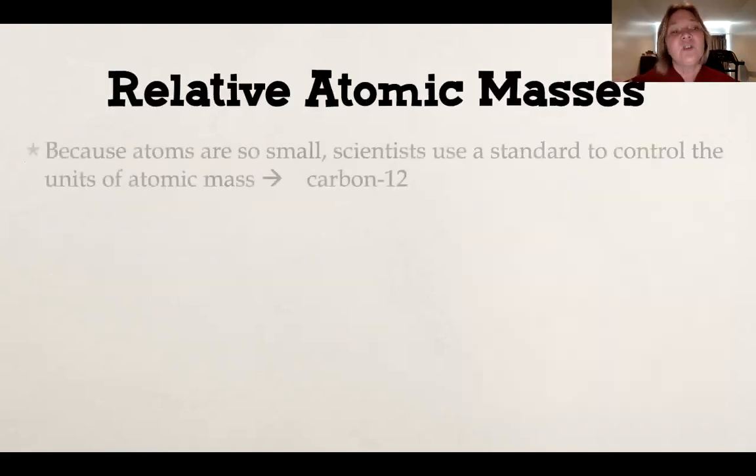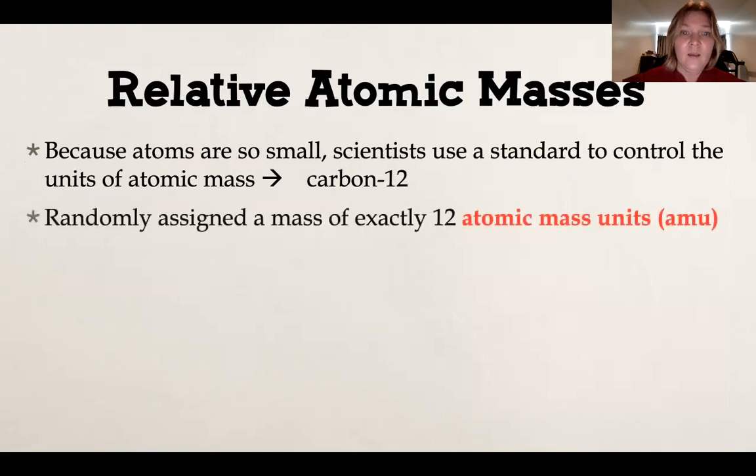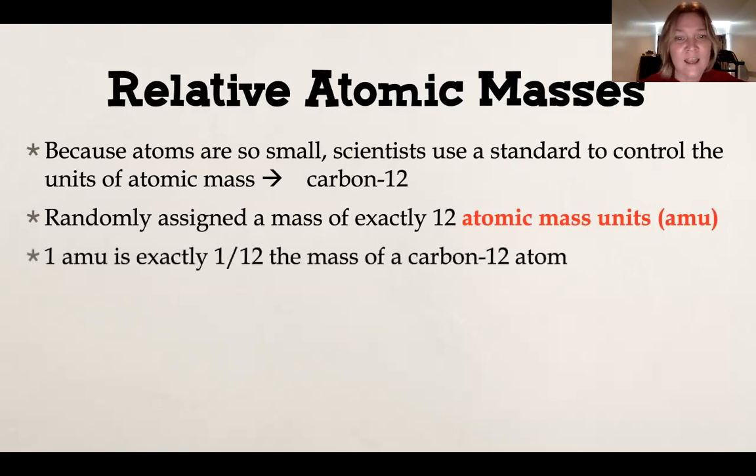Okay, so because atoms are so small, scientists use a standard to control the units of atomic mass. That standard is carbon-12, which is one of the isotopes of carbon. Carbon-12 was randomly assigned a mass of exactly 12 atomic mass units, or AMU. 1 AMU is equal to 1/12 the mass of a carbon-12 atom.